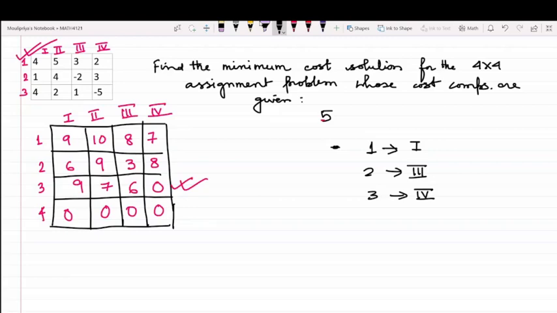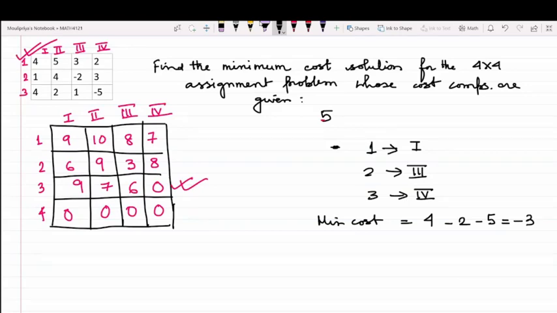That implies the minimum cost would be 4 minus 2 minus 5, that is minus 3. That implies the company isn't spending anything. Instead, the company is gaining 3 units.